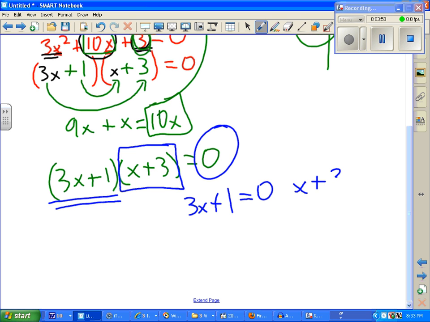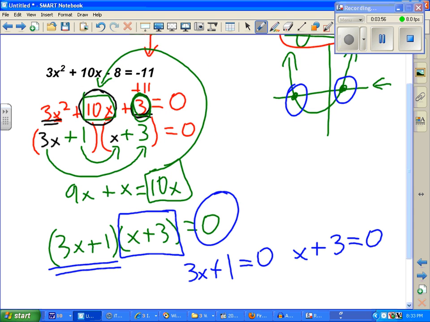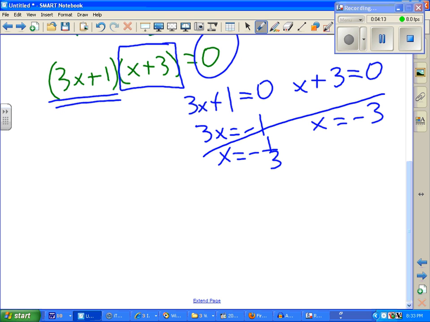And x plus 3, and we set it equal to 0, because wherever those x's equal 0 is where this thing is going to cross. So I go through and I solve, and I get 3x equals -1, x equals -1/3, and x equals -3. And we're in good shape. That is factoring. Those are my two zeros.